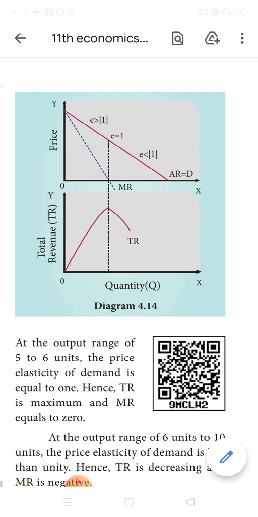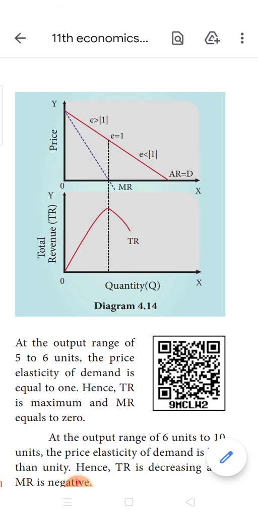Marginal revenue is also a downward sloping curve. It is below the AR curve. It is cutting the y-axis and the AR curve equally. Now, look at the second diagram where we have taken quantity on the x-axis and total revenue on the y-axis.